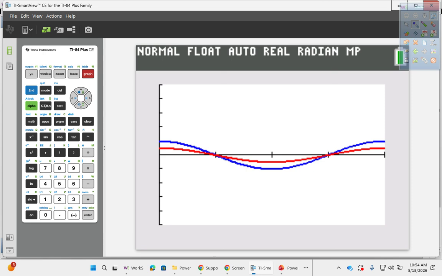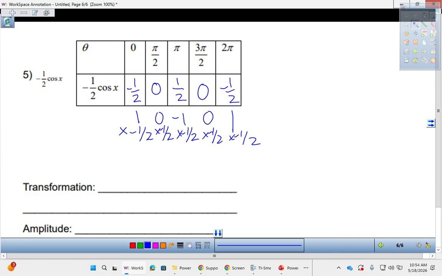Okay, so that is called a vertical, because it's up and down, compress, because it's getting shorter. And the flip part is called a reflection. So in the description, I would say reflected over x-axis. So the negative does that.